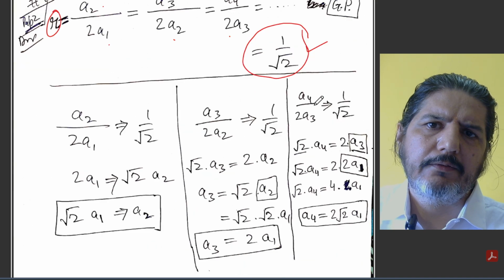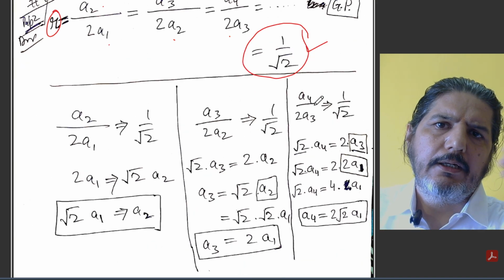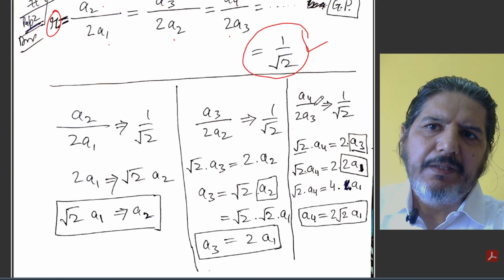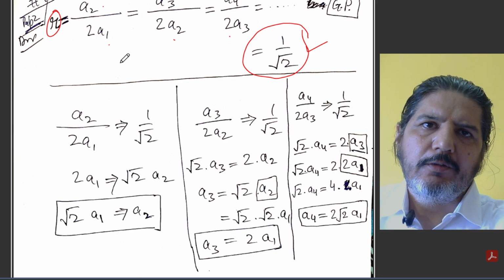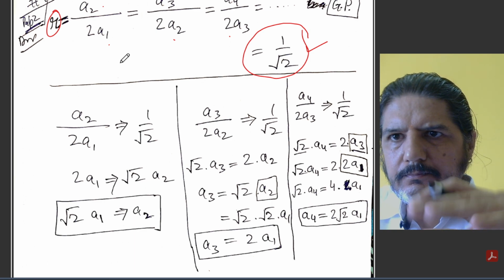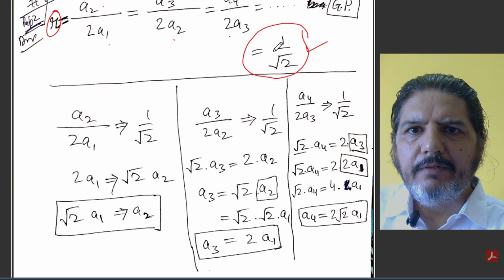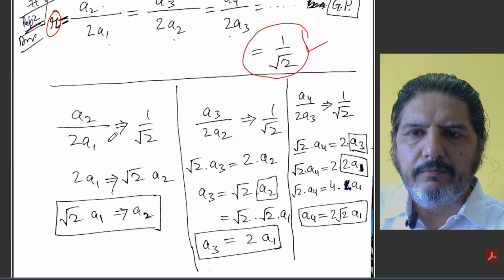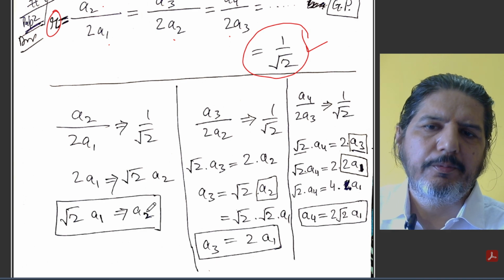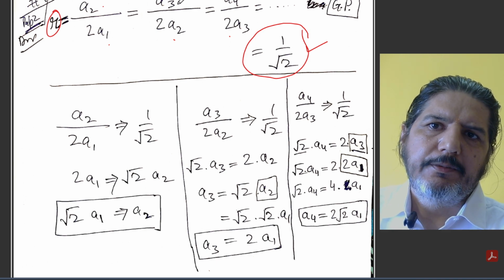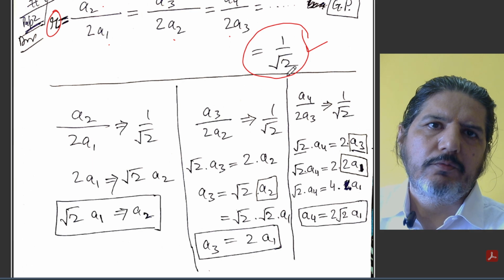So this is what I have understood till now. Now I'll start doing the manipulation to finally proceed towards the solution. So a2 upon 2a1 is equal to 1 by root 2. When I calculate, a2 will be equal to root 2 a1. Similarly, a3 upon 2a2 is equal to 1 by root 2.